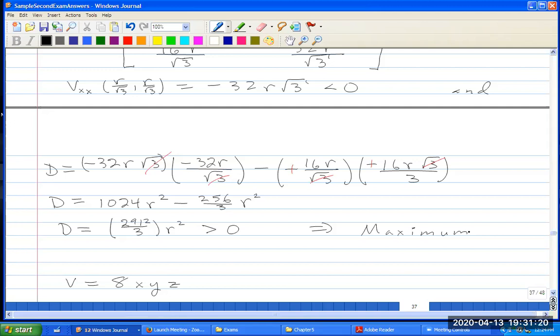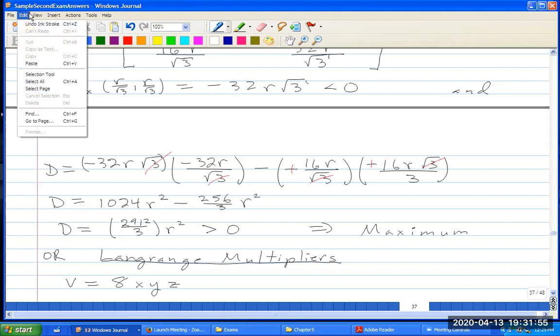Let me quickly go over. I could have also done this using Lagrange multipliers. The algebra is a little bit more difficult, but I don't have to make as many assumptions. So the maximum is when x is equal to r over root 3, y equals r over root 3, and z equals r over root 3.